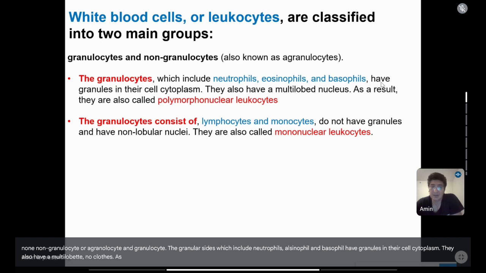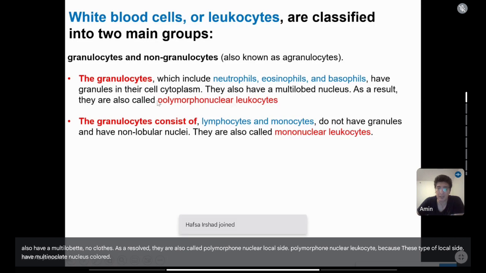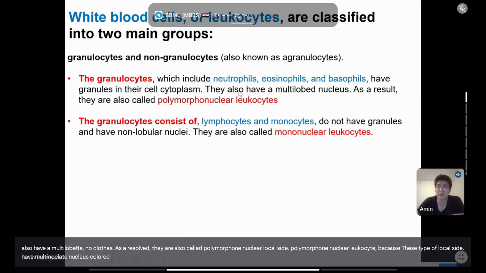As a result, they are also called polymorphonuclear leukocytes.